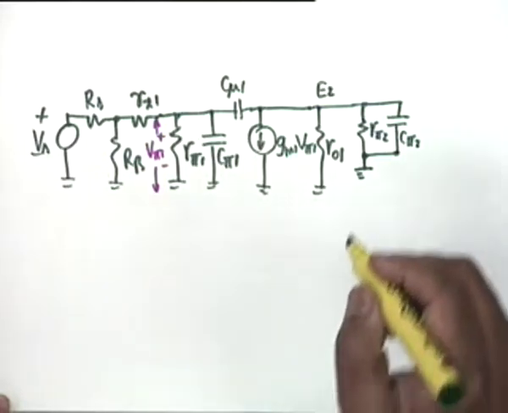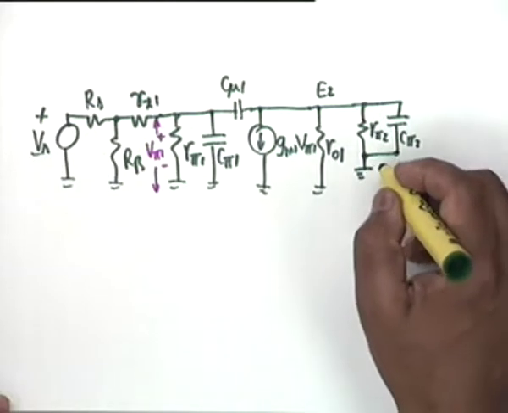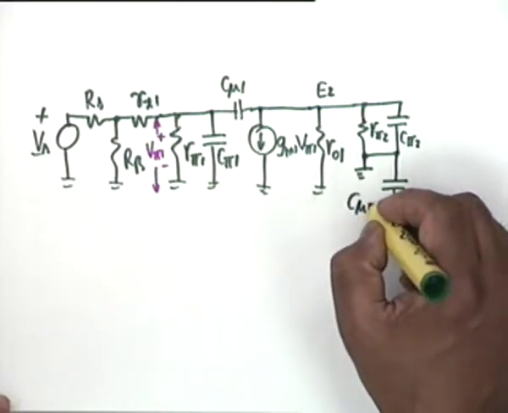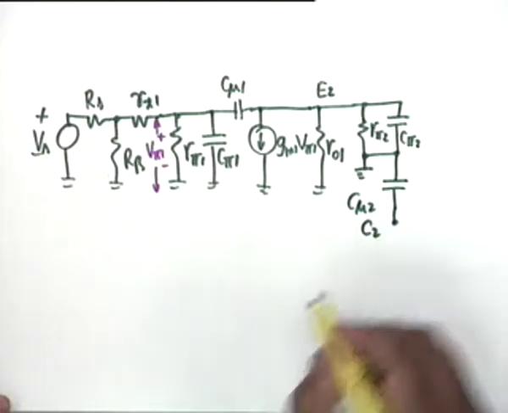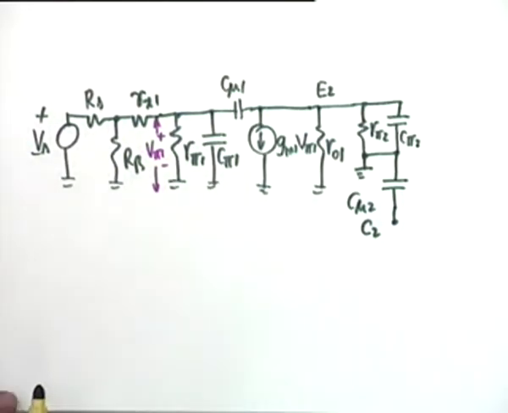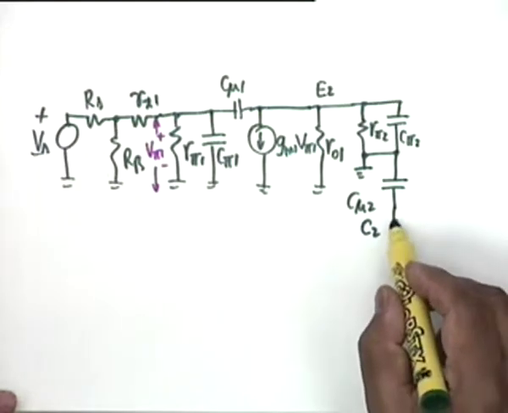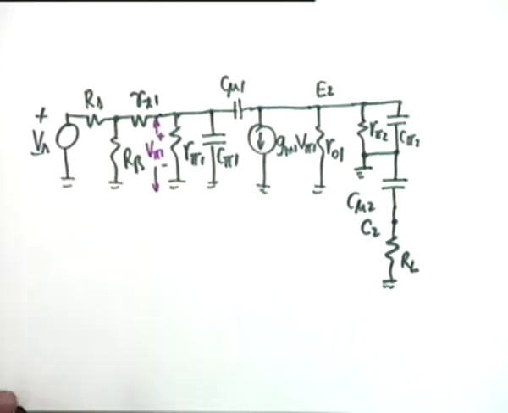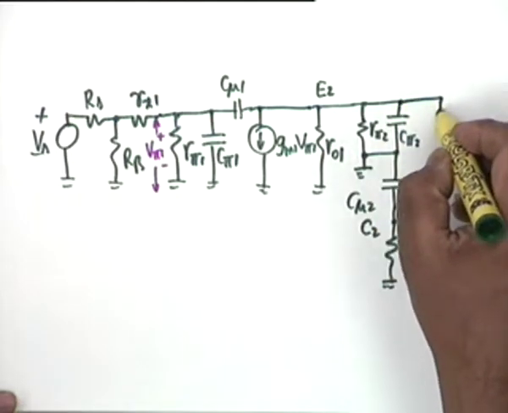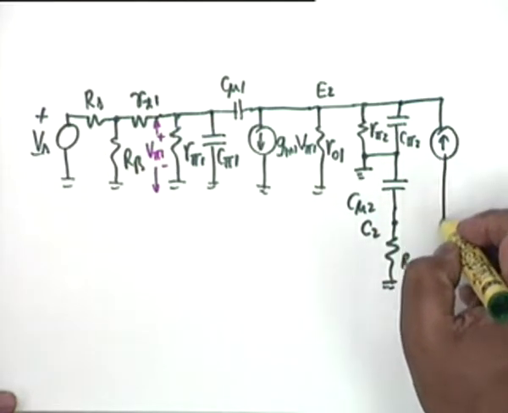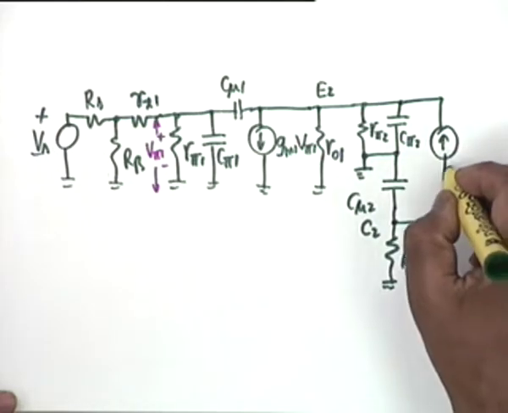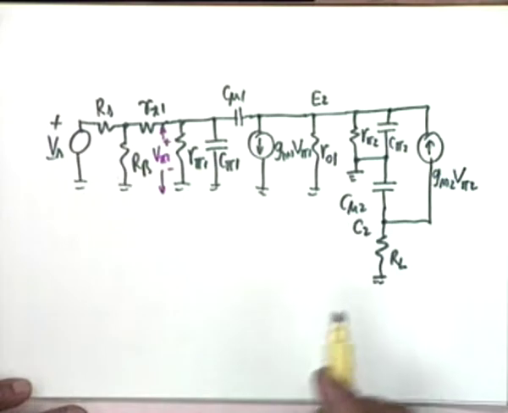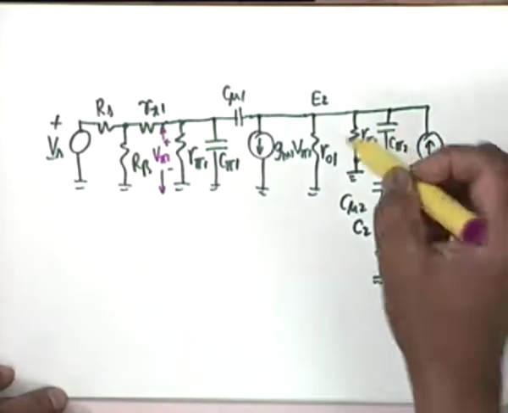B2. Then at B2, we also have a C mu 2 from the collector 2 to B2, and from collector 2 you have the resistance RL to ground, and between collector and emitter you have the current generator GM2 V pi 2, where V pi 2 is this voltage.